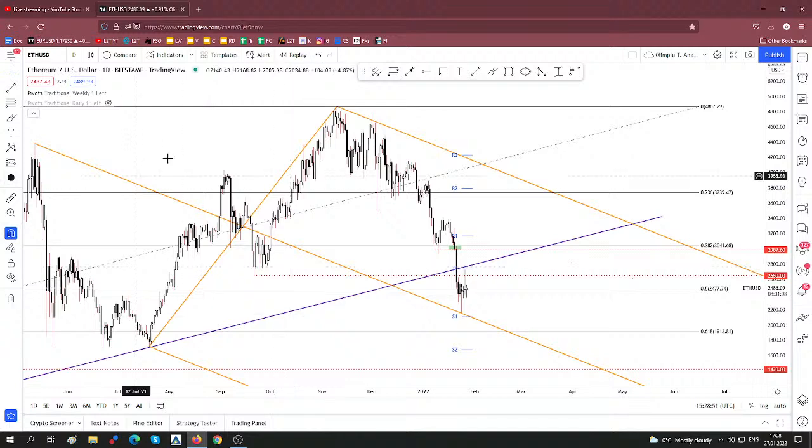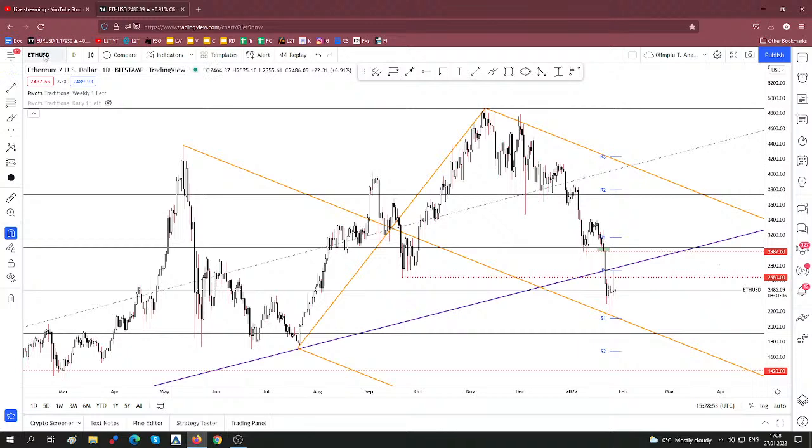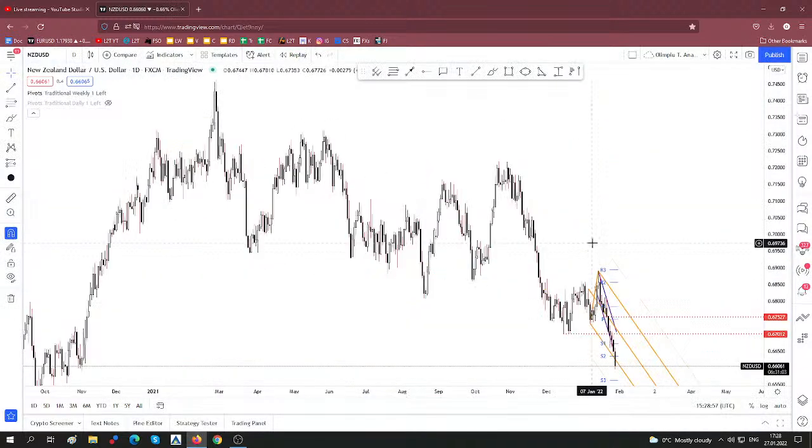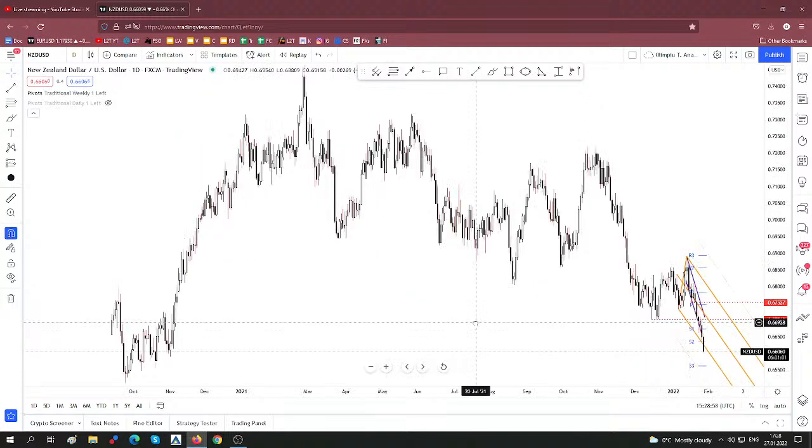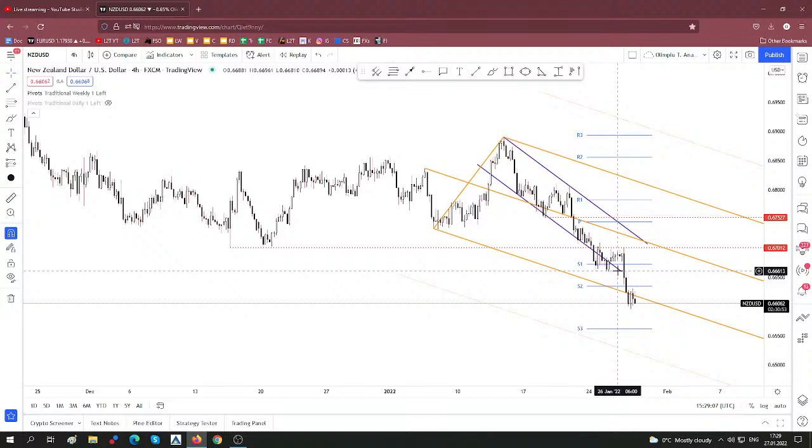Okay, please guys, if you have maybe more questions. We didn't talk about the New Zealand dollar, US dollar. Strong and massive drop. Right now it tries to stabilize right below the lower medium line, and stabilizing below the lower medium line of the descending pitchfork could signal a potential deeper drop.